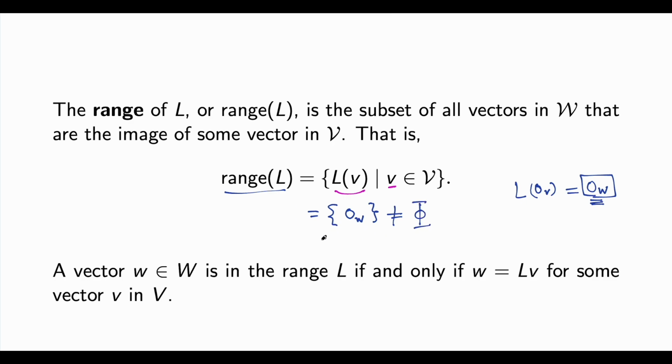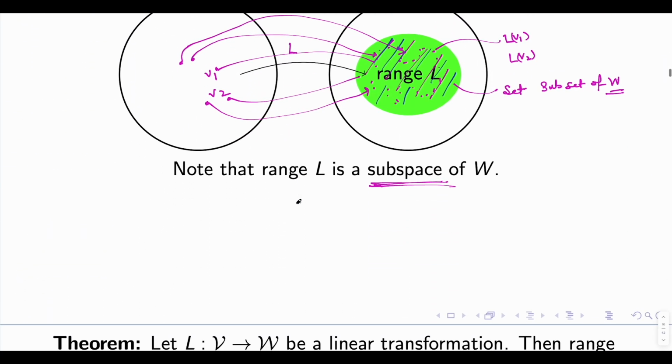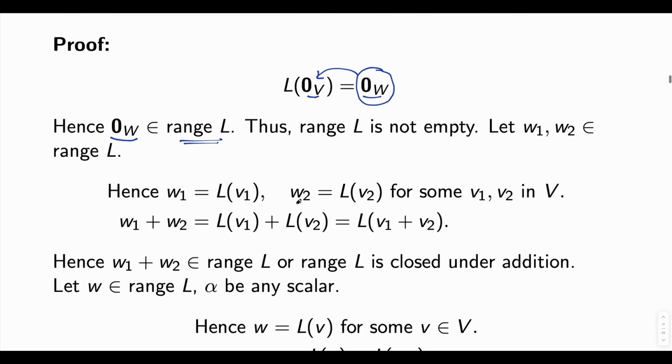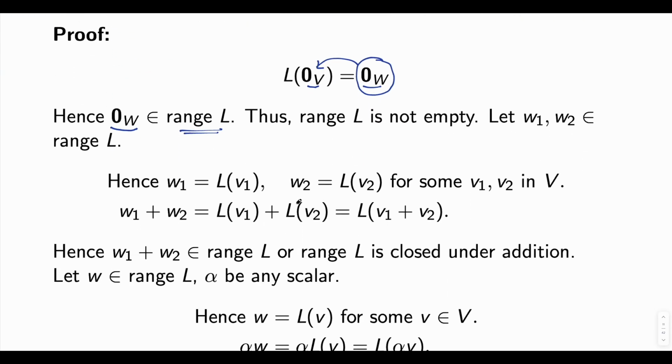It may contain more vectors, but linearity guarantees at least the zero vector. So hence the zero vector of W belongs to the range of L. Thus range of L is non-empty.